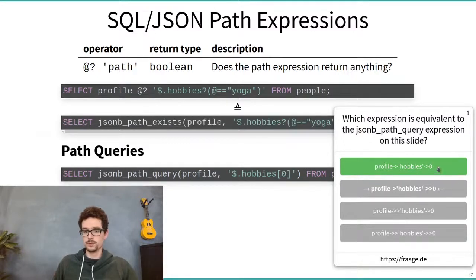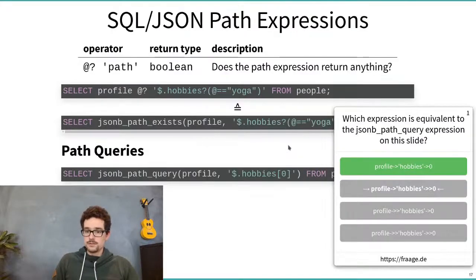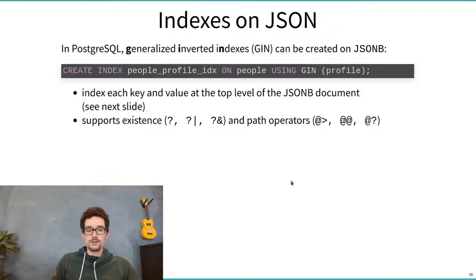Yeah, we had this discussion last time. This would return the first hobby as a text, and this would return the first hobby as a JSON. So I have to change this. This is more true. Yes. We saw how to unnest the data, and today we will talk about indexes.